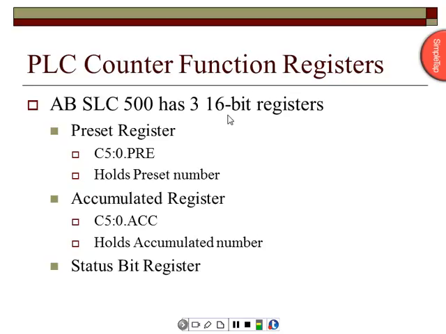All right. So, we have 3 registers for the counters. We have the preset register, the accumulator register, and the status bit register. They're basically the same as the timer. The preset holds the value that I've counted to. 1, 2, 3, 4, 5.